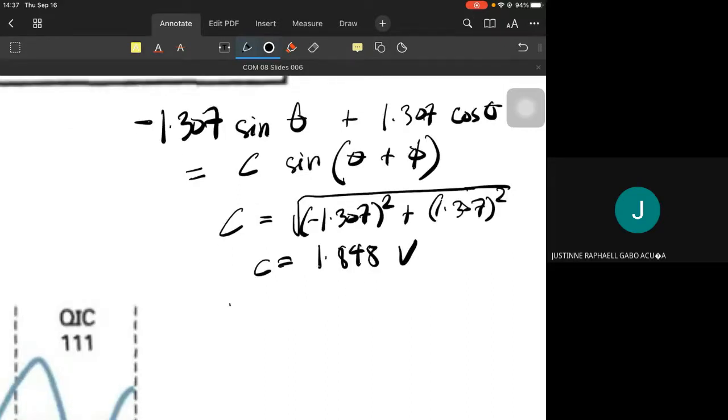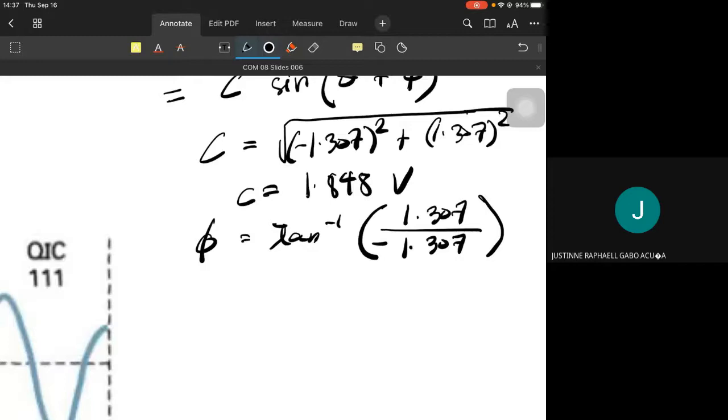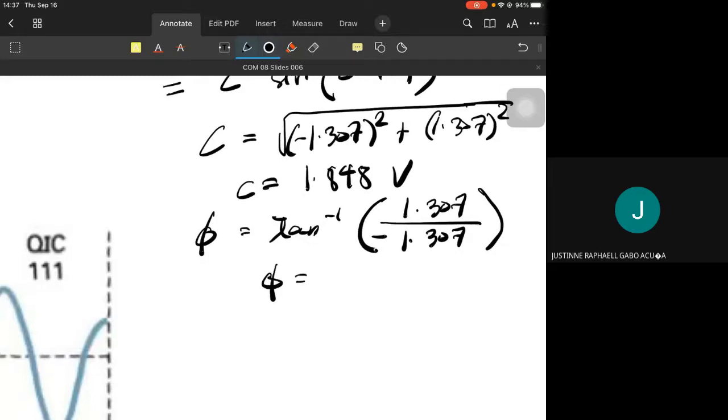So about phi. Arctan B over A. B is positive 1.307. A is negative 1.307. It would give us this phase angle, negative 45, which is sakto dili?